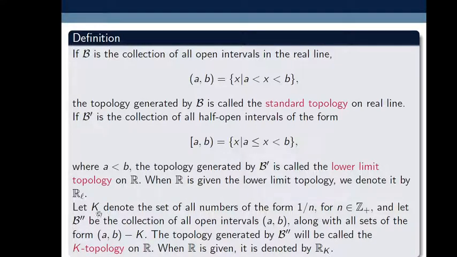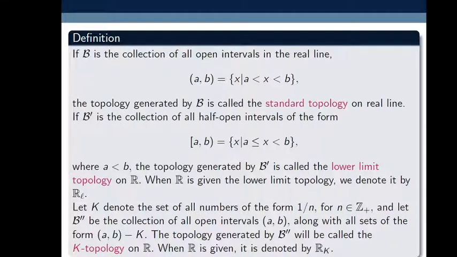So here K denotes the set of all numbers of the form 1/n, where n belongs to Z plus, meaning n is a positive integer. So what are the elements of K? If we take n equals 1, then 1/1 equals 1, so 1 belongs to K. As the value of n increases, 1/n goes closer to 0.